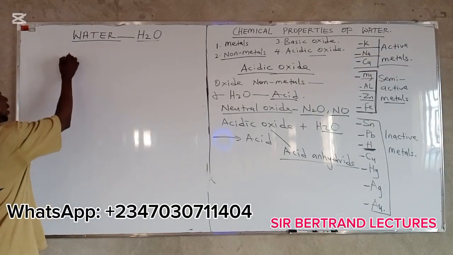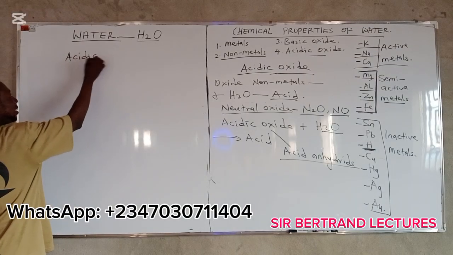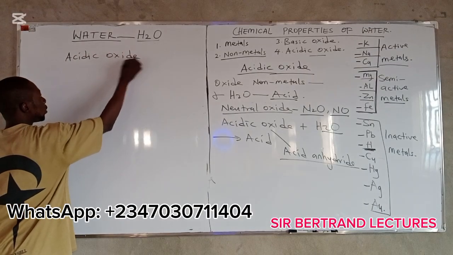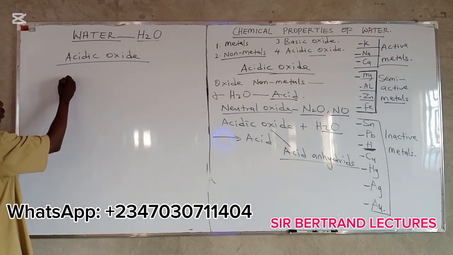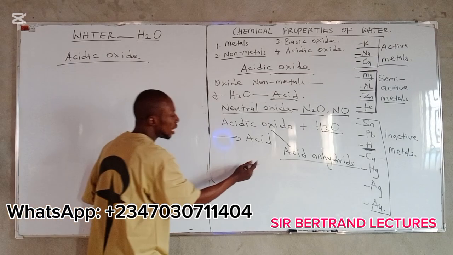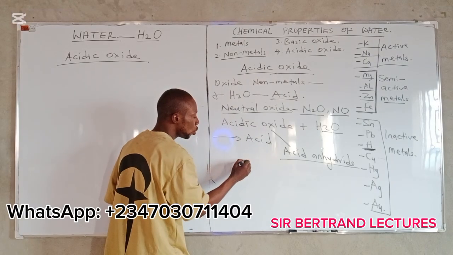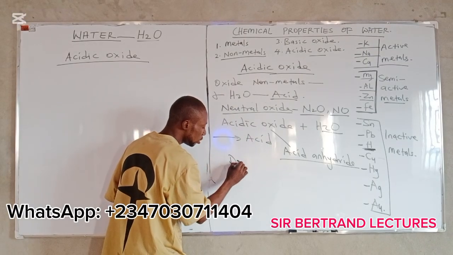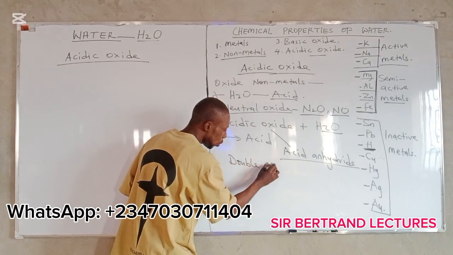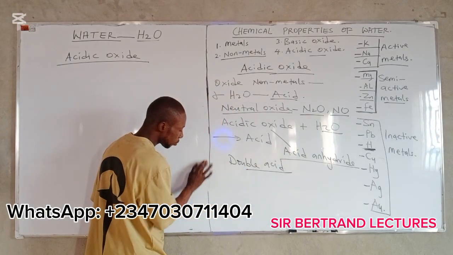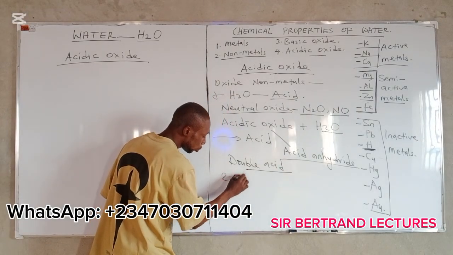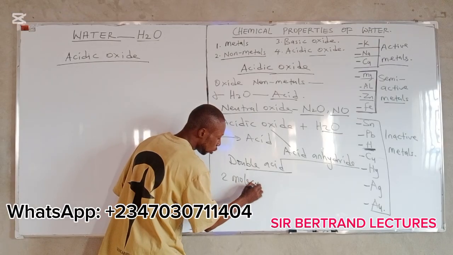All right. Now let's look at this acidic oxide that reacts with water to produce acid. We also have one that reacts with water to produce double acid, the one that produces 2 moles, 2 molecules of acid.